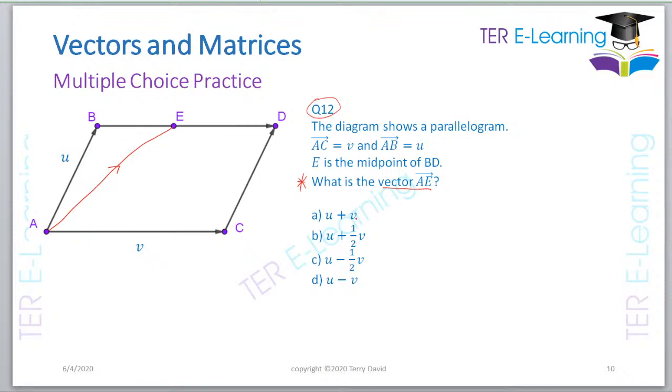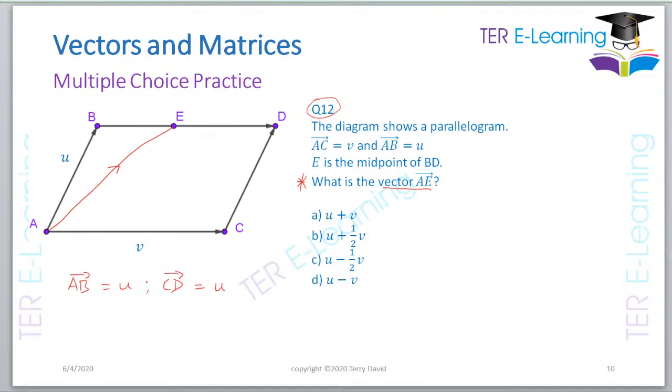Now, take a look at something here. This is a parallelogram, right? So I know, based on the question, that AB is equal to U. So if this is a parallelogram, it means that CD is also equal to U, because AB and CD are parallel. So when you get a question, write down what you know.